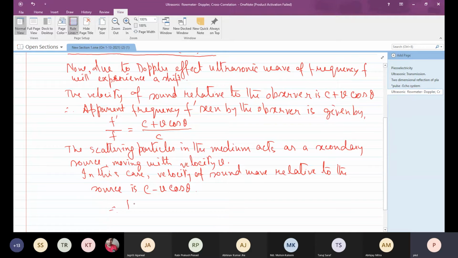Therefore, f double dashed by f dashed is equal to c by (c minus v cos theta).